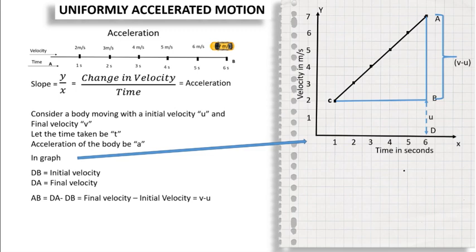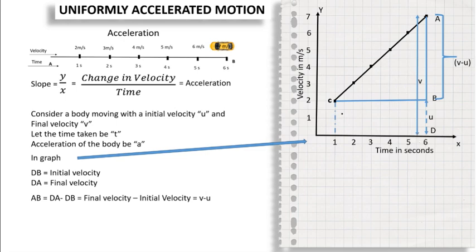This is the initial velocity, that is U. And what about the distance from here to here? Please recall, that is V. So now you can immediately understand, since this is U and this is V, this will be V minus U, right? So we'll go ahead now.